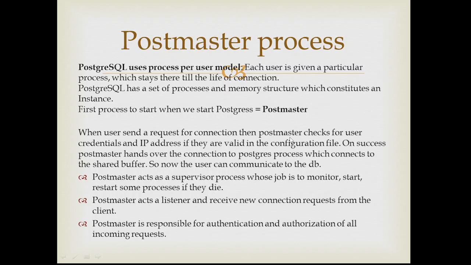We have an HBA config file, in which we can define the configuration for different users and restrict them. We'll be discussing that file in our next videos maybe. That's what Postmaster validates, like the configuration file.